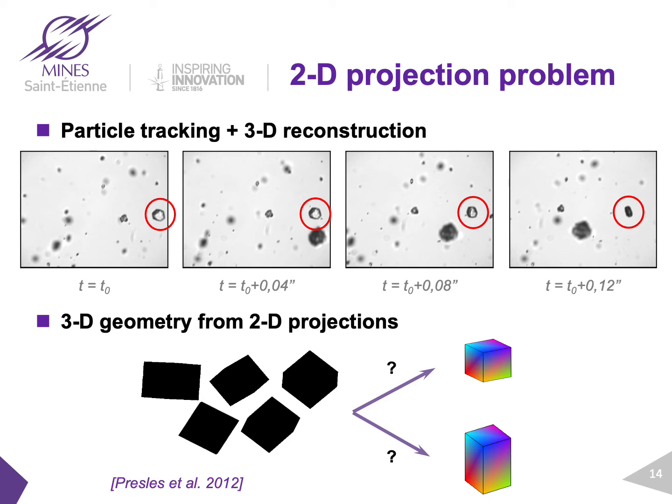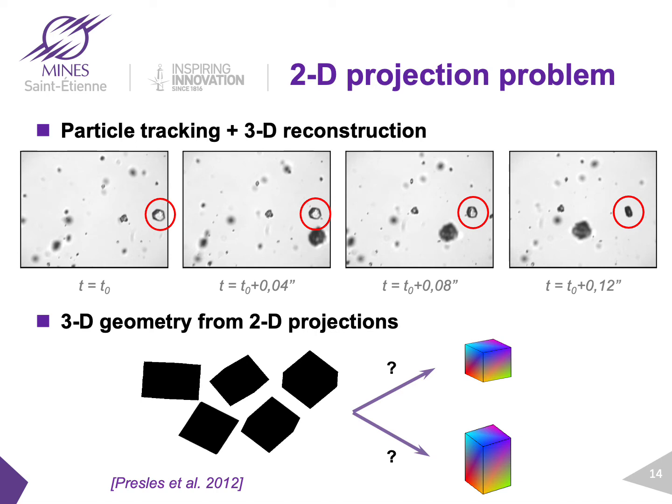And so we have worked on these topics. And so finally, the question is the following one. Imagine you have, for example, the 5 2D silhouettes, the 2D shadows of your particles, because you make this tracking.